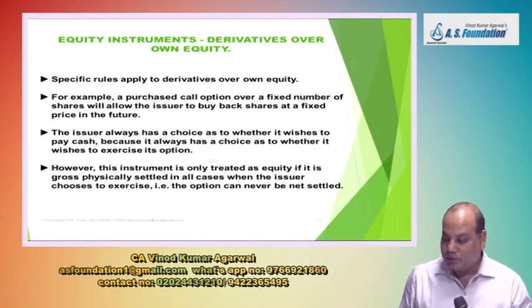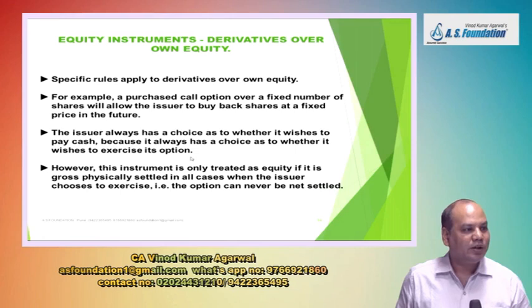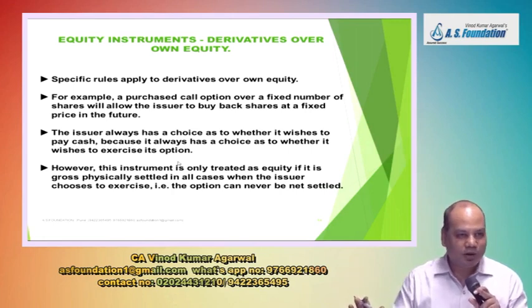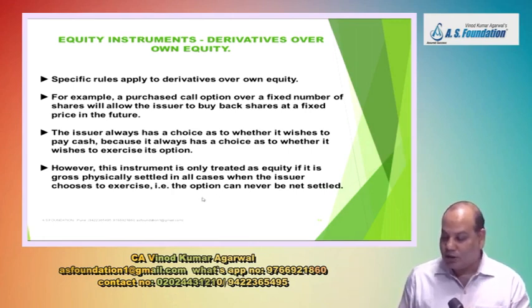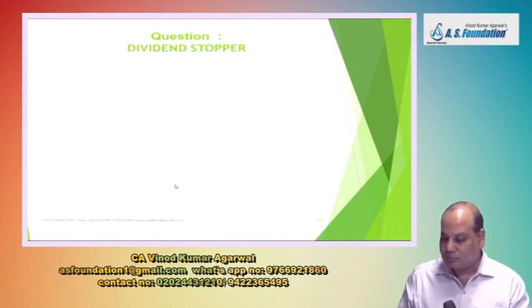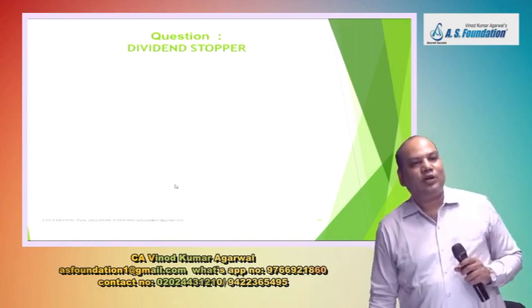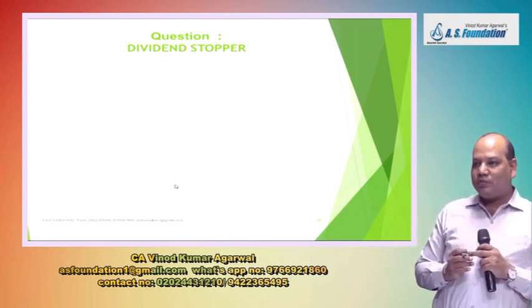Okay. But if it is a net settled transaction, do you remember net settled transaction? Derivative, only the difference will be received or paid. If it is a net settled transaction, then it becomes a liability. Net settled transaction means the difference between the contractual amount and the market value is received or paid.